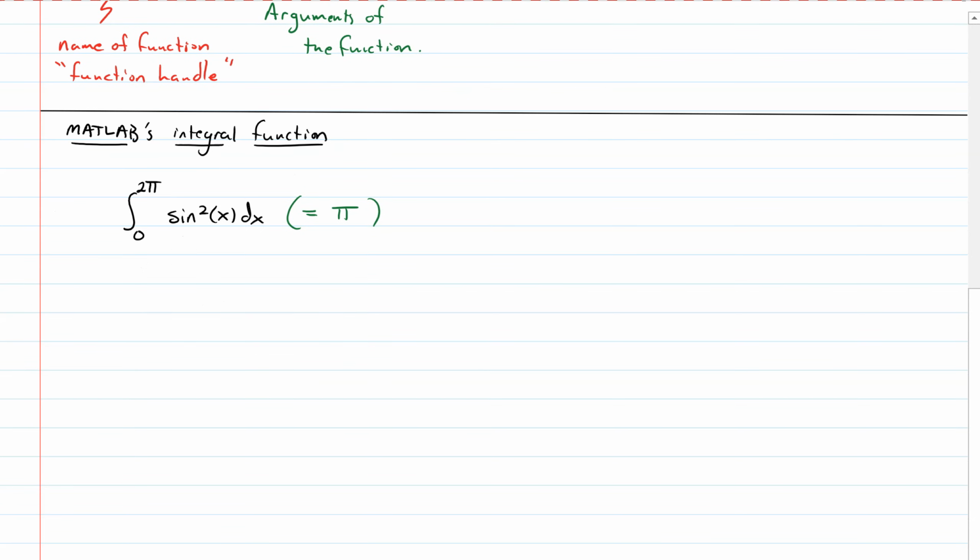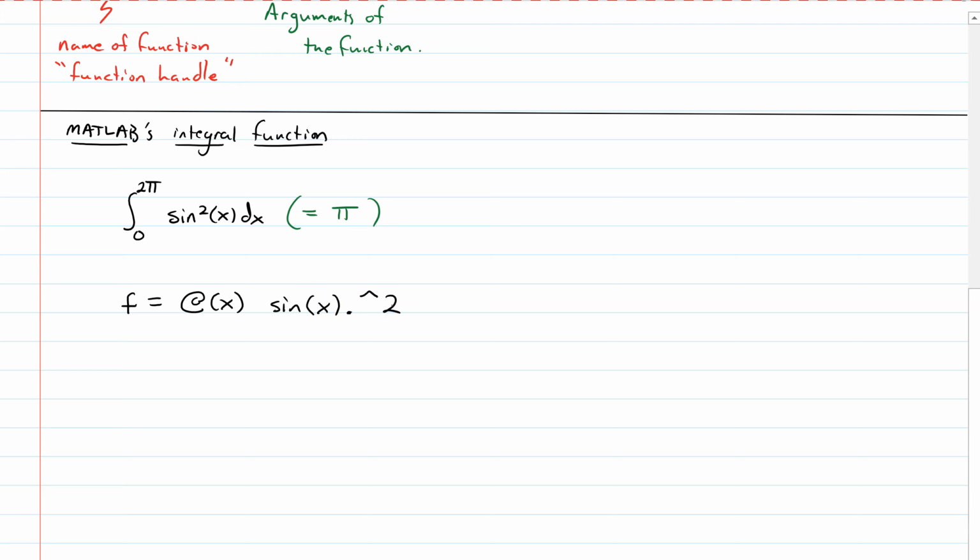It's very simple. Here's how it works. You first define the function that you want to integrate. So I would say f equals @(x) sine of x squared, like this.